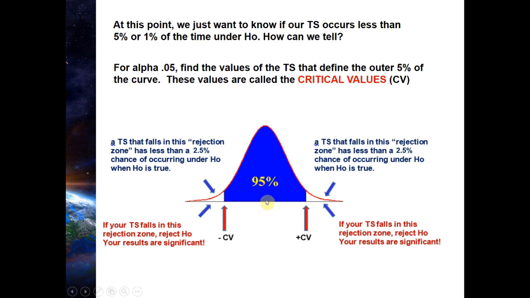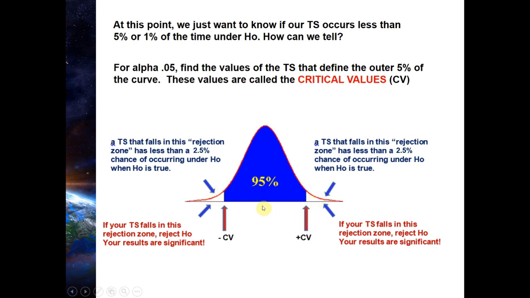All right, so if we were doing a Z test, that means our TS is going to be a Z value. So what are we plotting on here? Well, our TSs are just Z scores. What we need to do is find out what is going to be this particular Z score and this particular Z score to give us 95 in the middle, 2.5 on this side, 2.5 on that side.